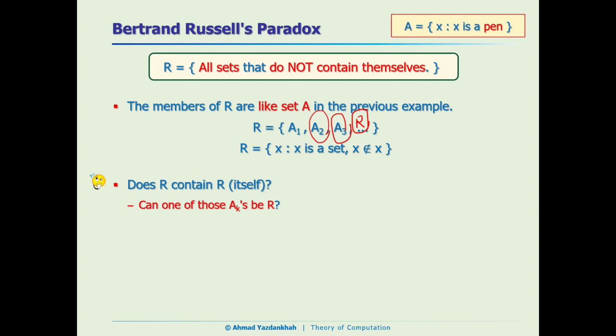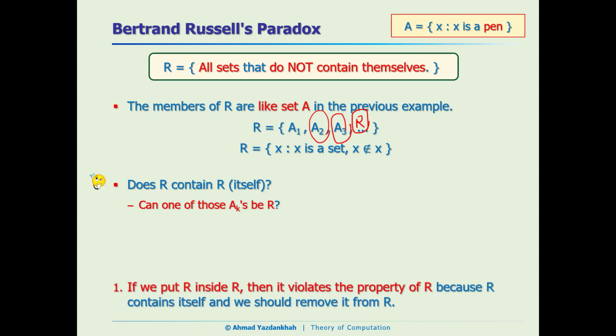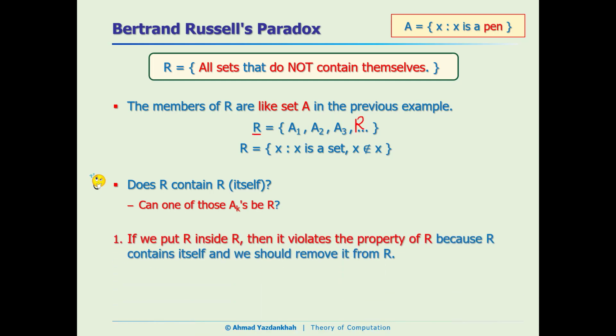All right. The dilemma starts here. Why? Because if I put R here, then R contains itself and it is violating this rule. So we need to remove that. And if we remove this R, then it means that R has this property that it does not contain itself.